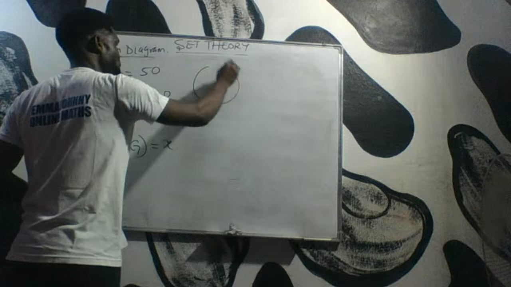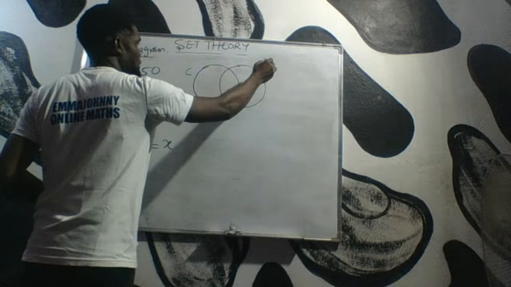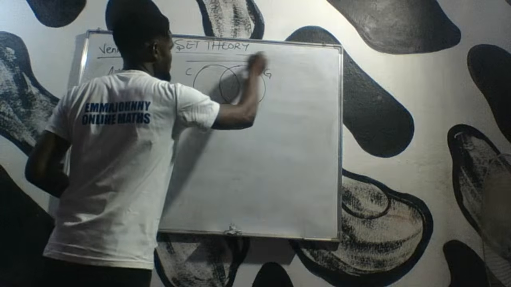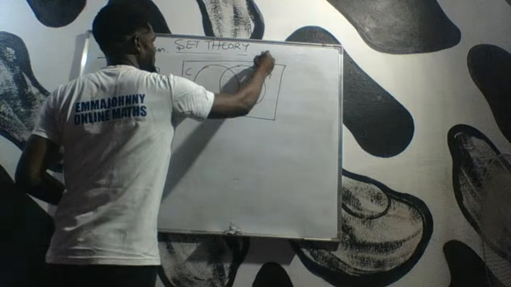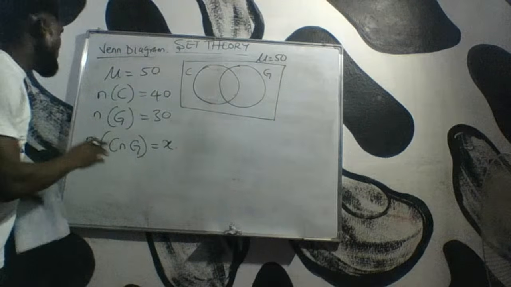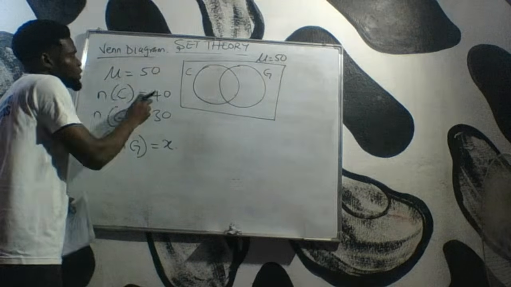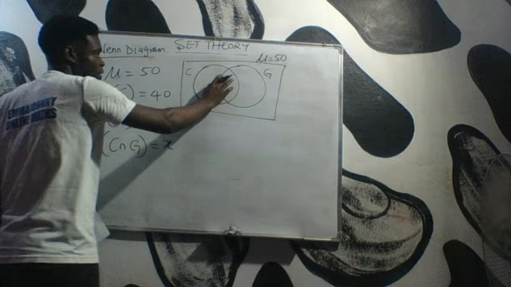This is Champion and this is Guardian. The universal set, that is the total number, is 50. Please, the first thing you must always find is the intersection.